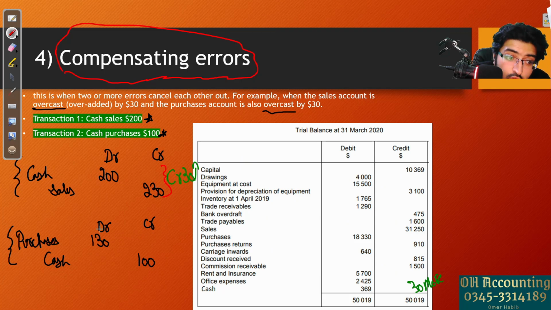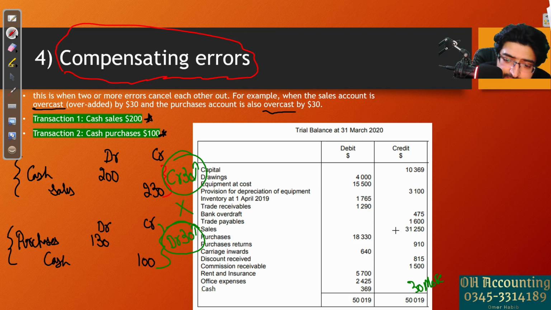But we also made another error in transaction 2 and recorded purchases as 130 instead of 100. So in this error, the debit side is 30 more by mistake. Okay? So debit 30 more in this and credit 30 more in this, they cancel each other out. So we cannot find these errors on the trial balance.